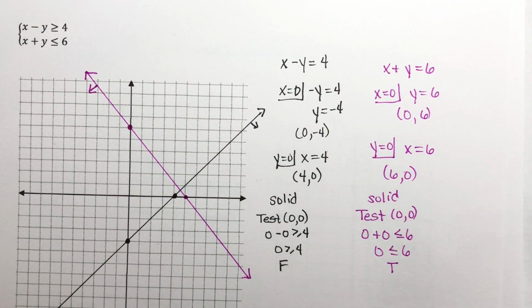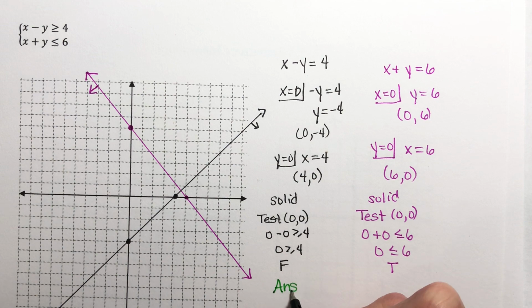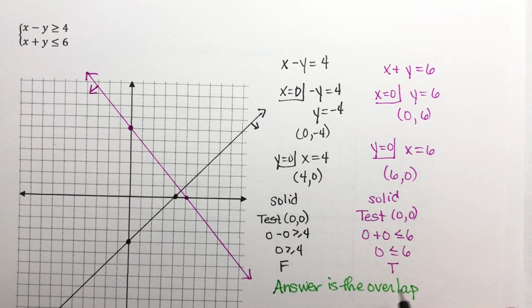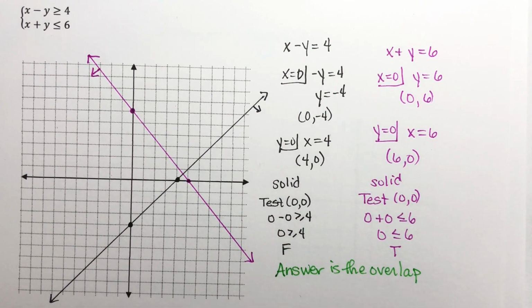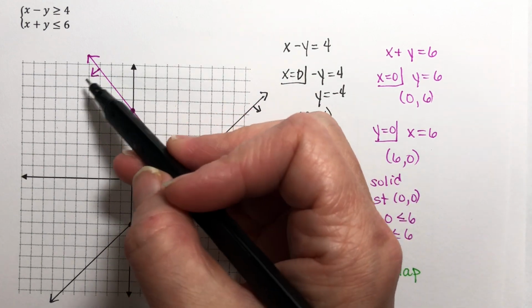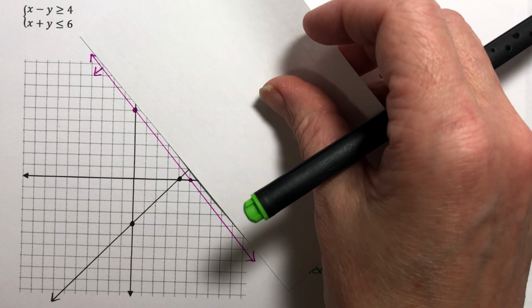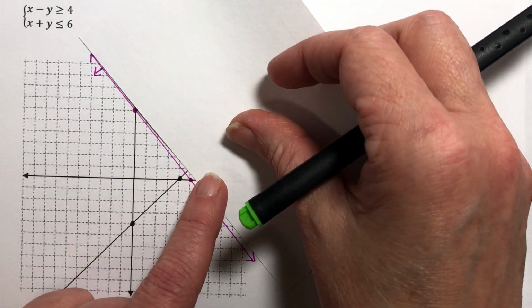Now our answer, the answer is the overlap, okay? Now, what you can do, and this may help later on in some of our more difficult problems coming up, is use something to cover up the parts that are not right, okay? So, like right here, I'm shading this side of this line, so I'm going to use an index card and cover up the part that's not true, okay?